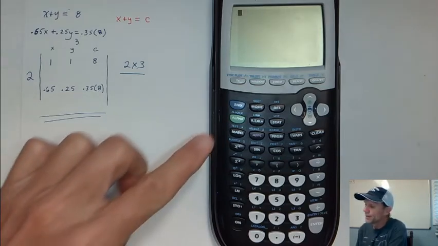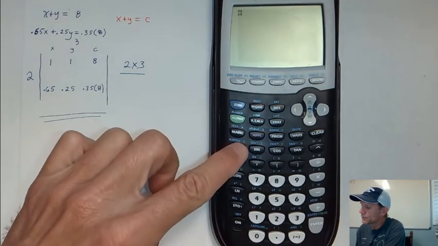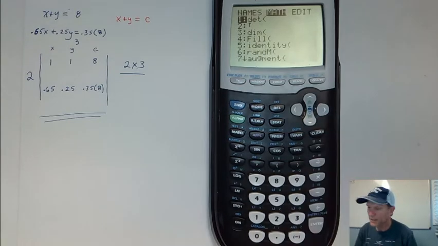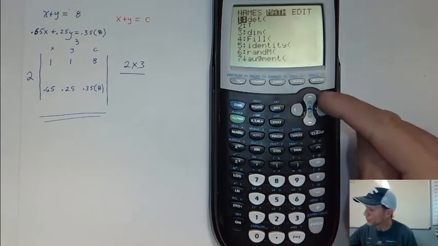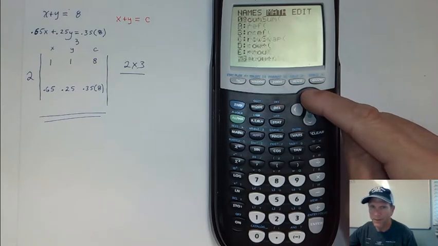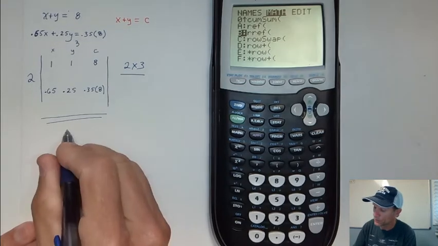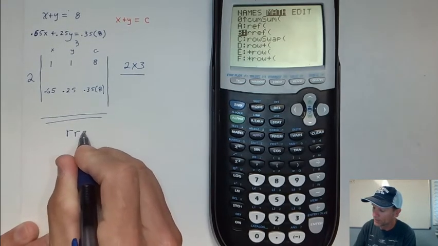I'm going to hit second matrix, and I'm going to go over to math, and then I'm going to push the up arrow because it's a little quicker till I find rref. And rref stands for reduced row echelon form. Okay, so we're looking for rref.